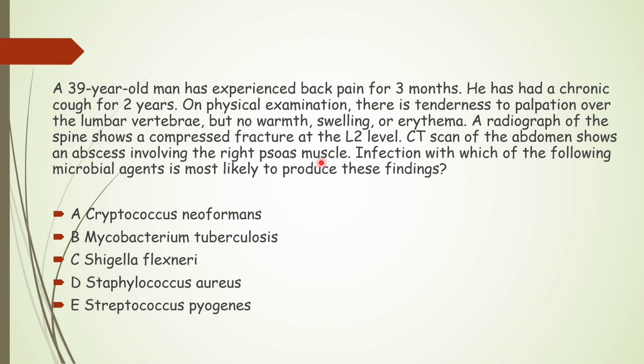So we know that the vertebra is commonly affected in tuberculous osteomyelitis. So mycobacteria is responsible, and from the vertebra it is spreading towards the psoas muscle. So infection of which agent is responsible for this finding? So the answer is Mycobacterium tuberculosis, which leads to Pott spine, and ultimately abscess is a complication.